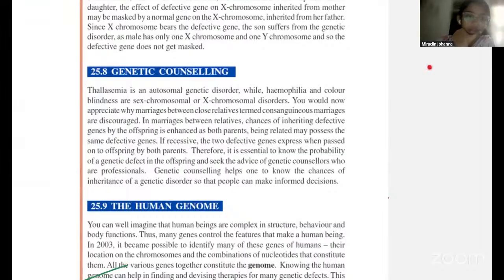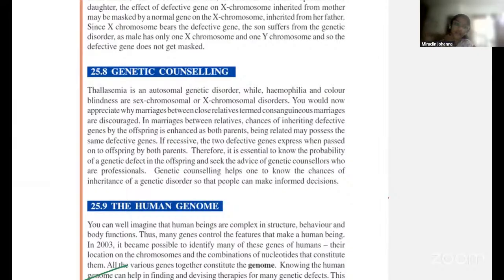Thalassemia is an autosomal genetic disorder, while hemophilia and color blindness are sex chromosomal or X chromosomal disorders. You should now appreciate why marriages between close relatives, termed consanguineous marriages, are discouraged.